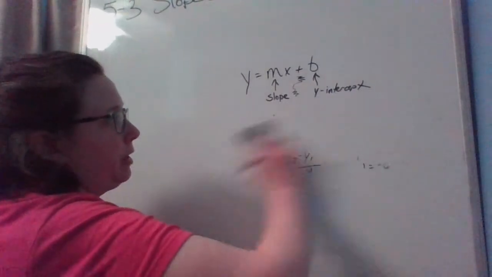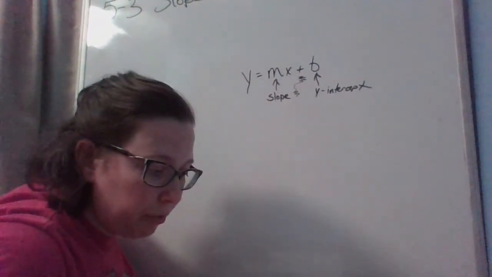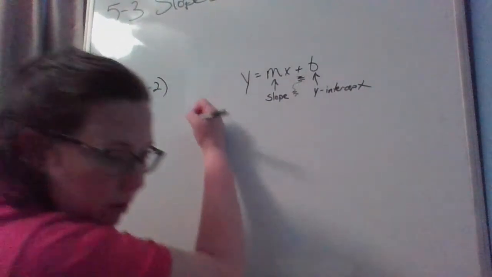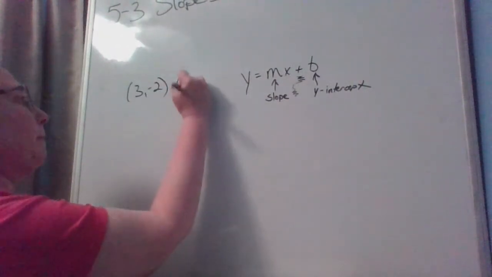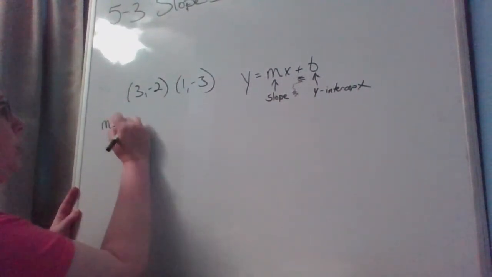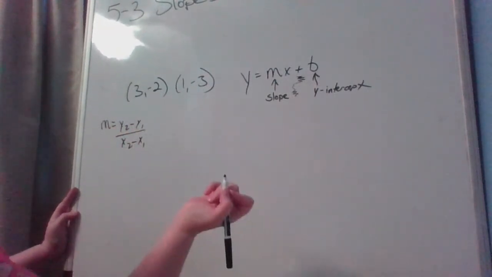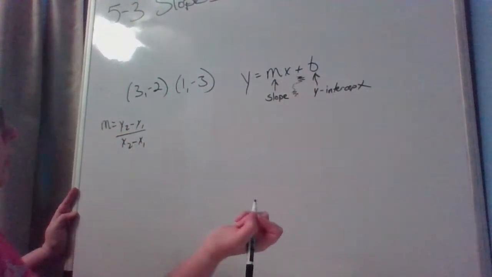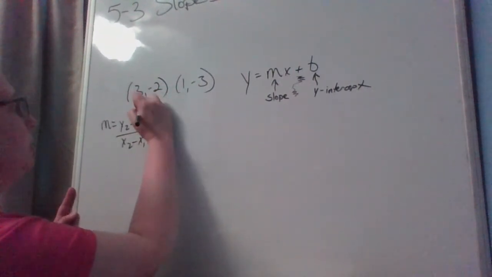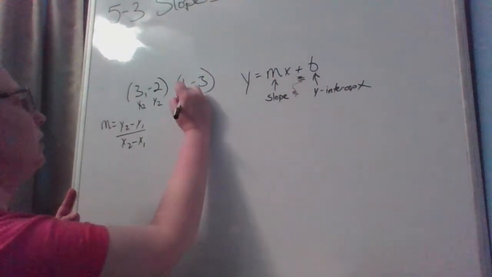Got it 4 again. We are given 2 points, so we're given (3, -2) and (1, -3). We're going to first find our slope. It's kind of 6 of one and half a dozen of the other, as my mother would say.